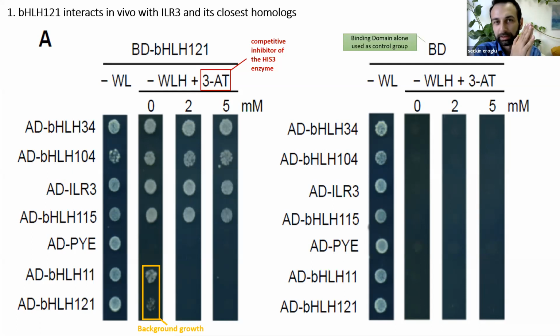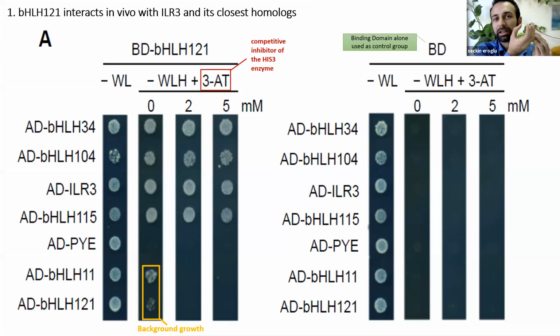So what they did was they already had an ILR3 tagged mutant, and then they did co-immunoprecipitation, co-IP. They crushed the plants, used a column, and captured the tagged ILR3. Then they have ILR3, but it's not just pure ILR3.